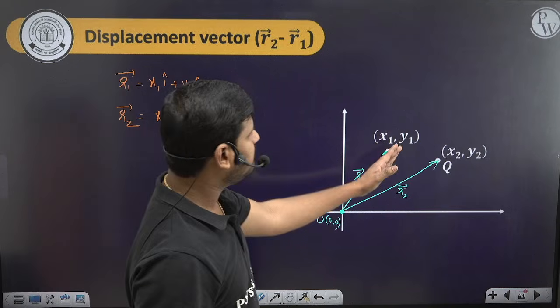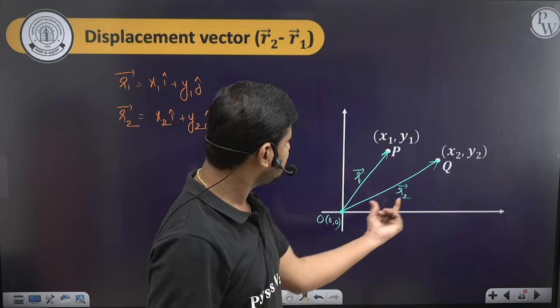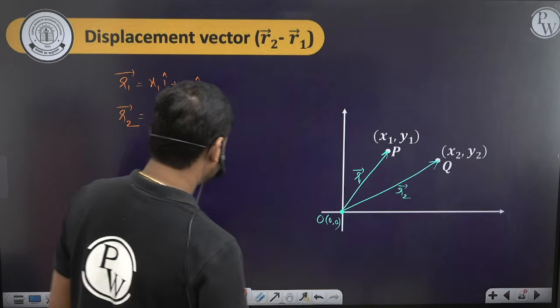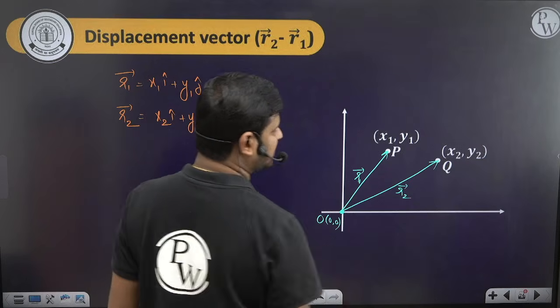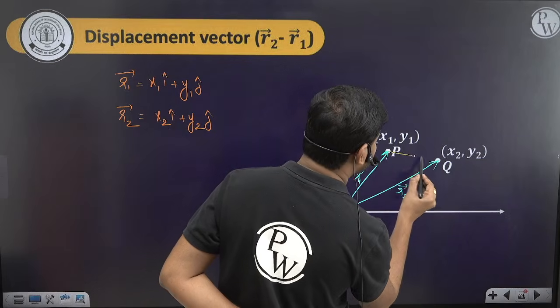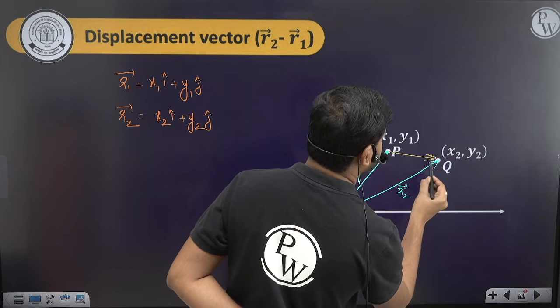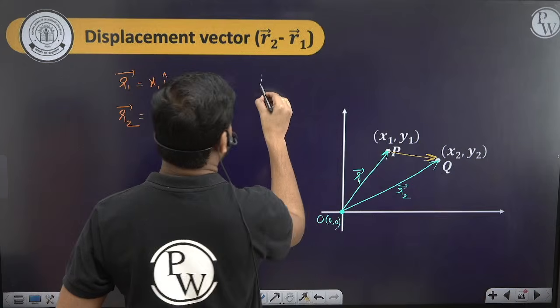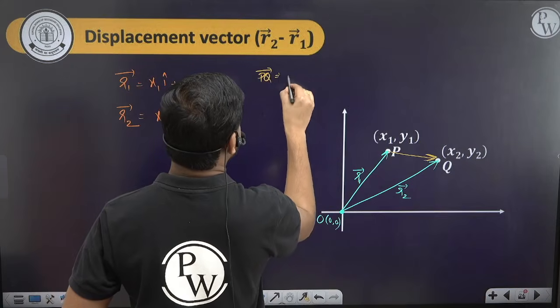This is the position vector of the second one, Q. Right. Now the question is, what is the displacement vector? The displacement vector is this one. PQ is the displacement vector. So what is that?